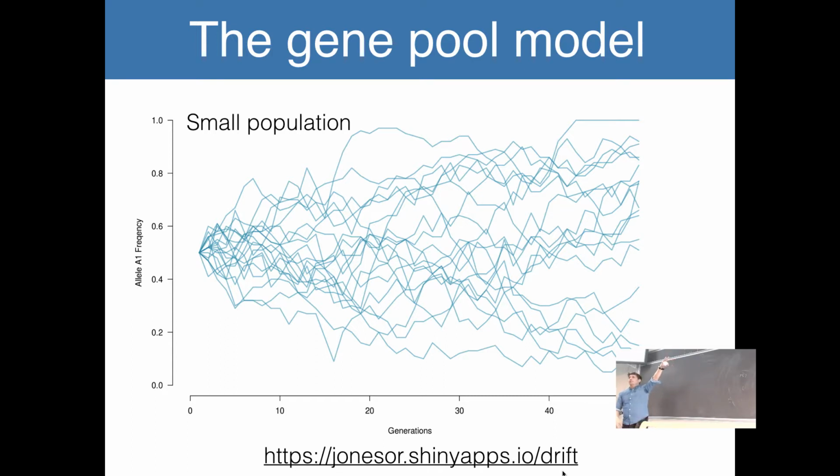You can see these random processes are becoming very, very important, including in some cases, like the one on the top right, after 40 or something like that, 42 generations, the allele frequency has become fixed at 100% allele A1. So in this population, genetic diversity is now shrunk. You can imagine this going on for a whole set of genes. This is just working with one gene with 2 alleles.